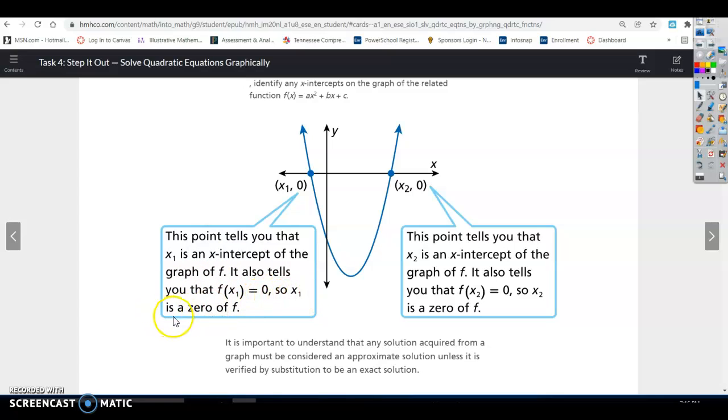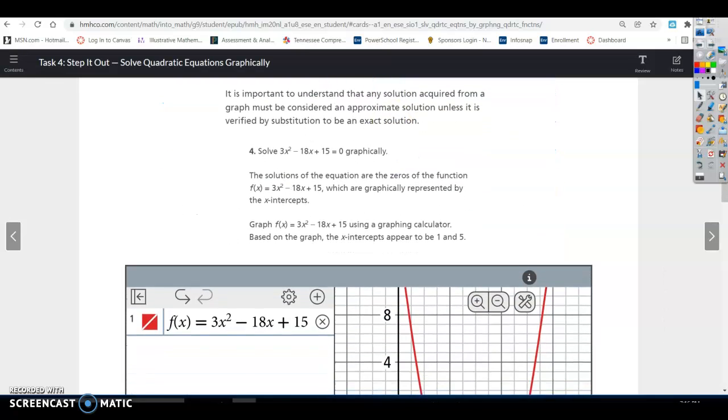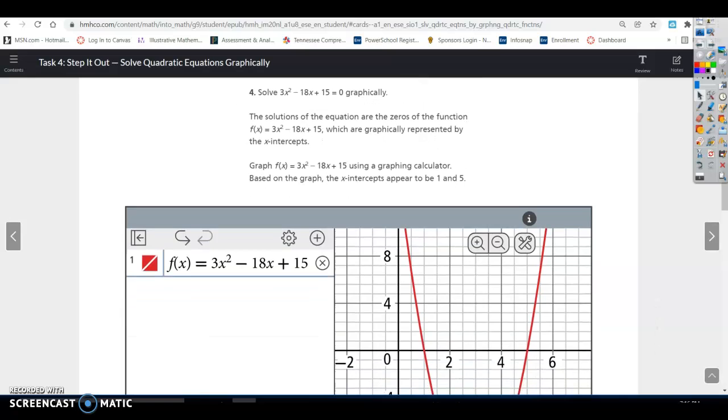So x1 is a zero of the function. And the same thing applies for x2, it is a zero of the function for the same reason. All right, it is important to understand that any solution acquired from a graph must be considered an approximate solution unless it's verified by substitution to be an exact solution.